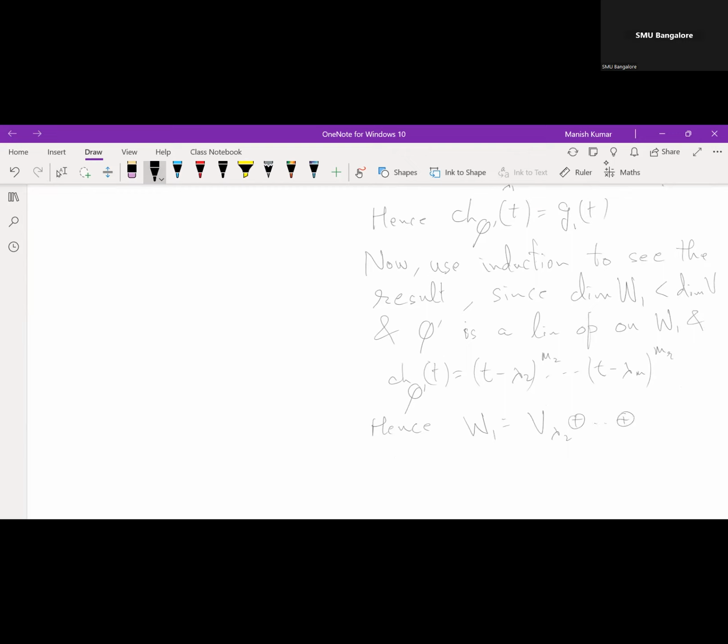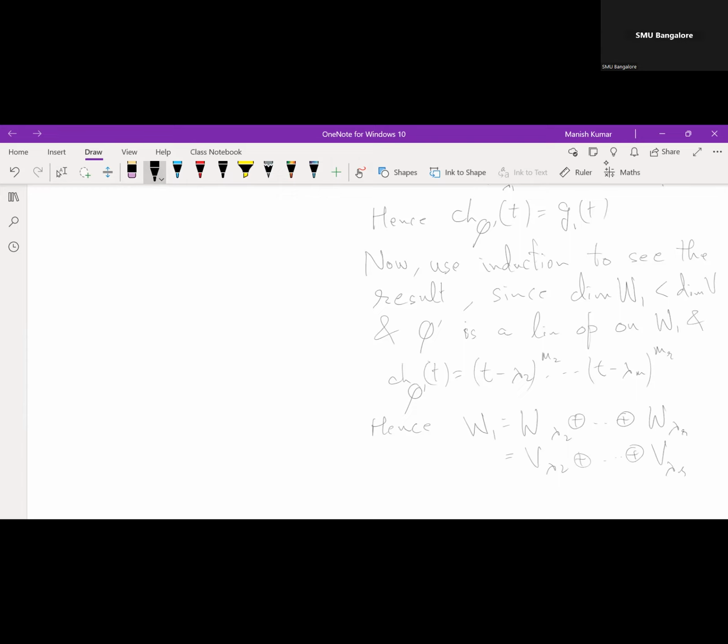I mean, it should be W, but W1 is W lambda 2 through W lambda r. But W lambda 2 is going to be the same as V lambda 2, because on V lambda 1, T minus lambda 2 will not be nil.